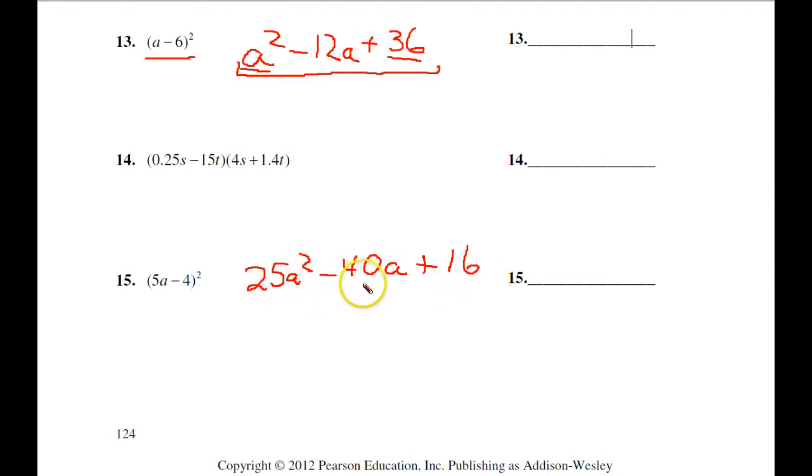A perfect square trinomial that will factor into a binomial square. The first and last terms are perfect squares. If you take the square root of this, you get a 5. You take the square root of that, you get a 4. 4 times 5 is 20. Double it, you get your middle term. And that is the recipe.